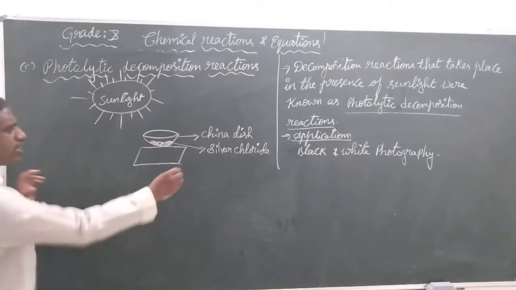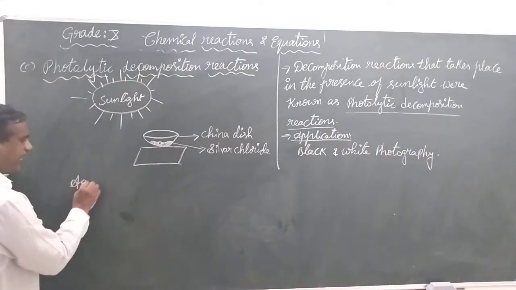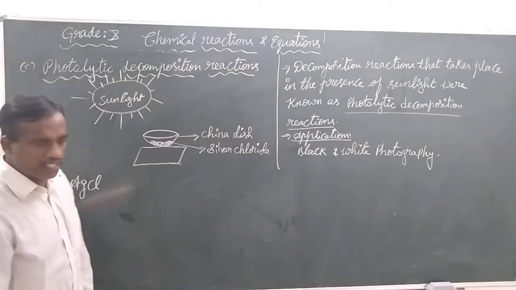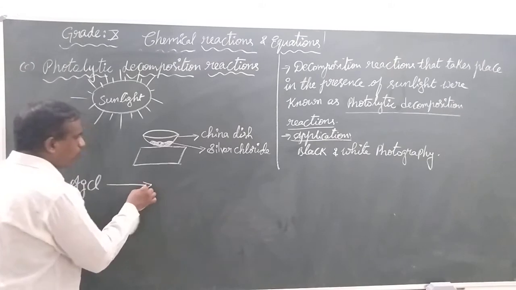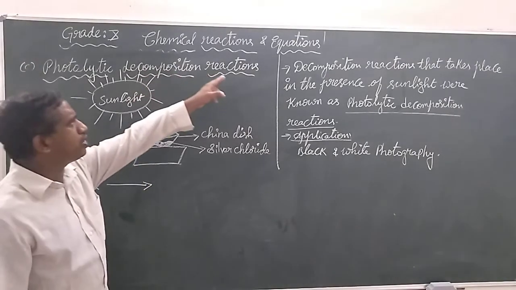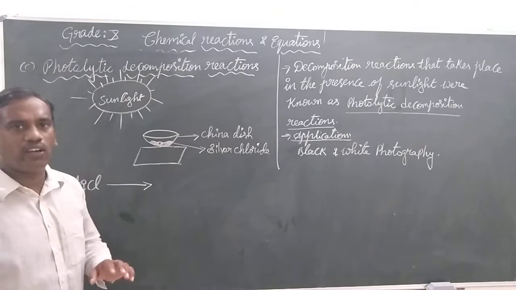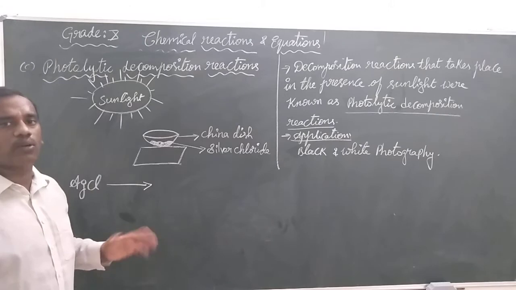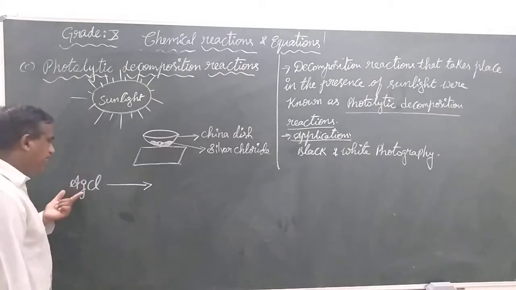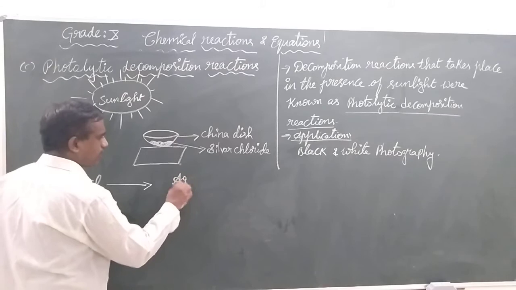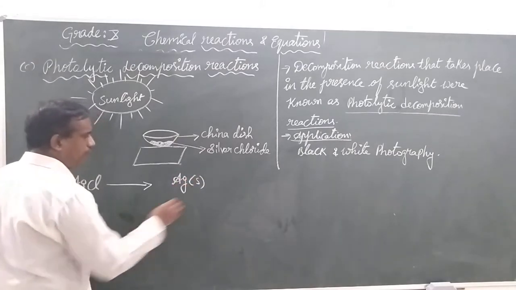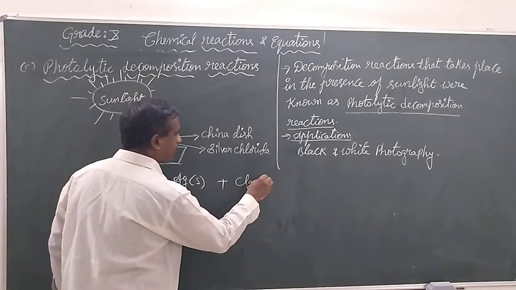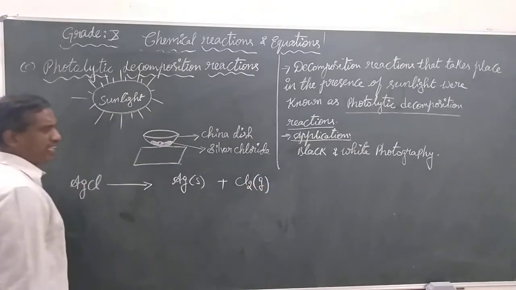The silver chloride formula is the one in which a single reactant decomposes to give two or more products. Here Ag is formed and chlorine will be escaping in the form of chlorine gas.